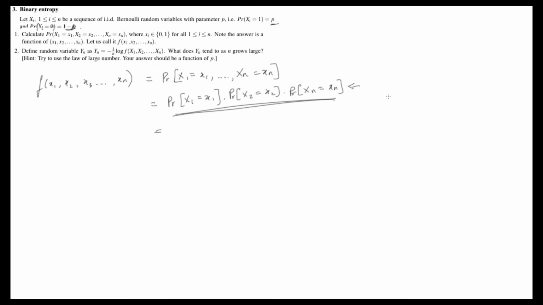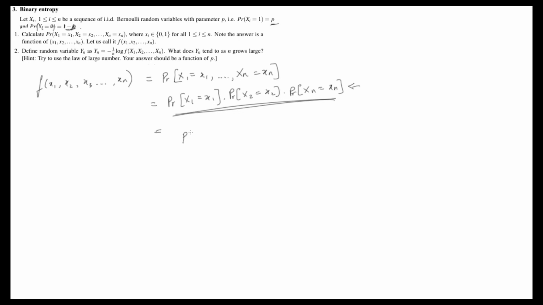So the number of p's in this product is just going to be the number of 1's in the small xi's, and the number of 1 minus p's is just going to be the number of zeros. Since we have n numbers, whichever numbers are not 1 are going to be 0, because those are the only two values xi's can take.